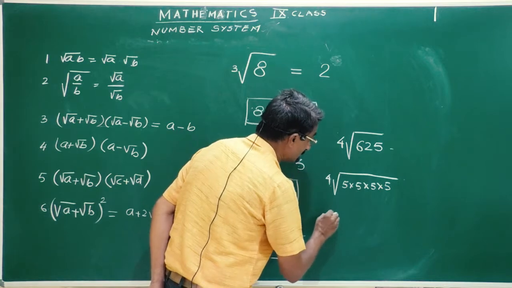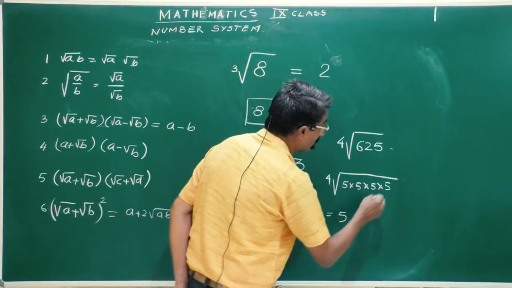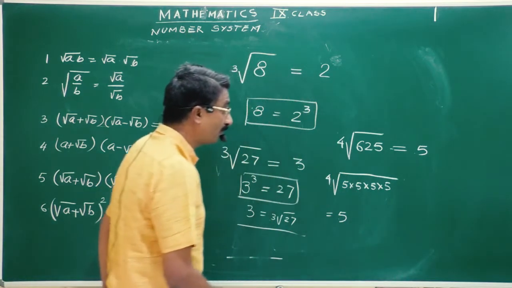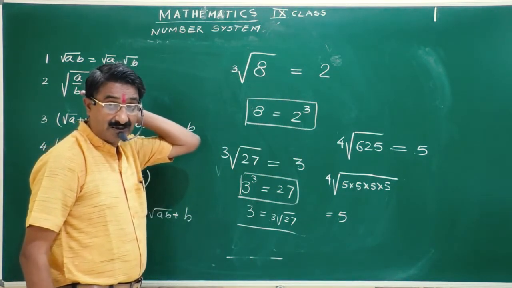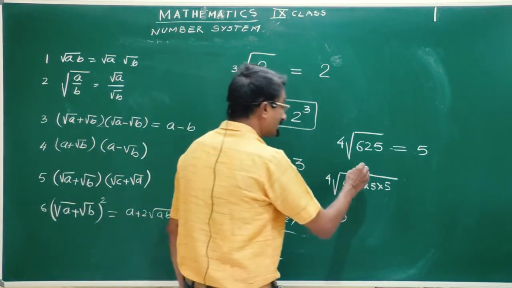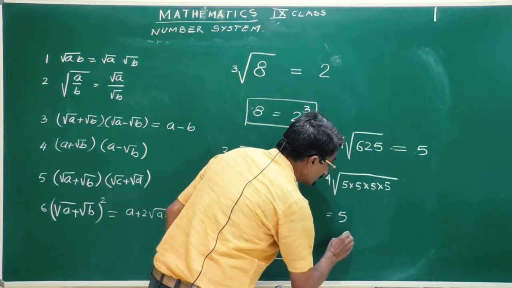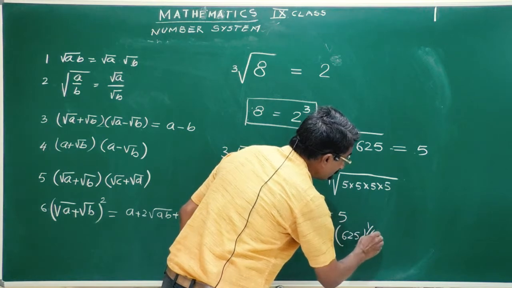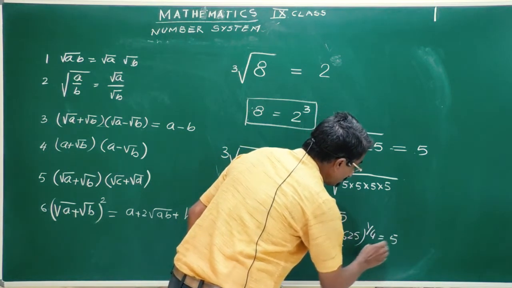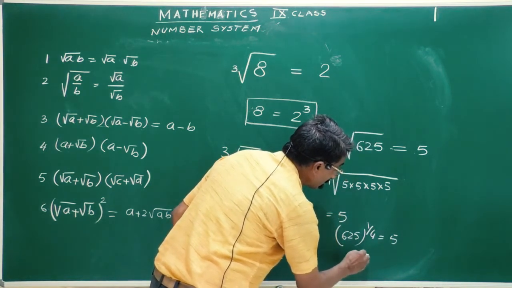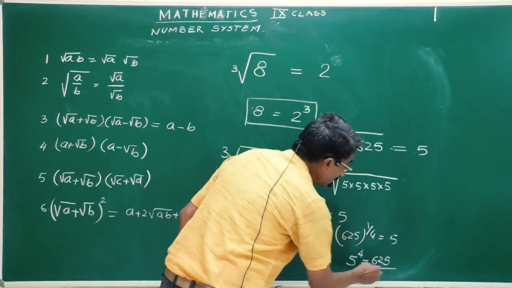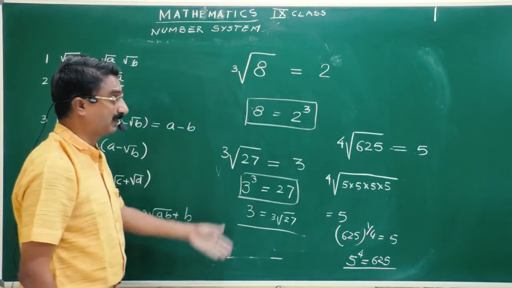So this is equal to 5. This is called fourth root of 625. Means 625 raised to the power 1 by 4 is equal to 5, or we can understand 5 raised to the power 4 is equal to 625.